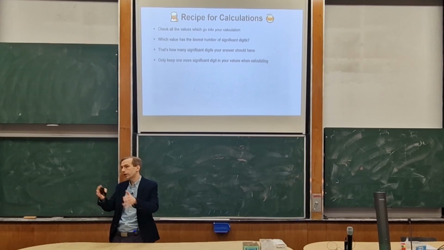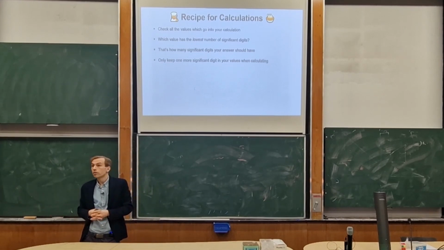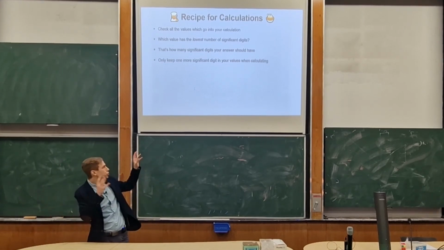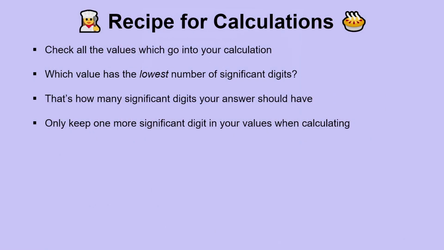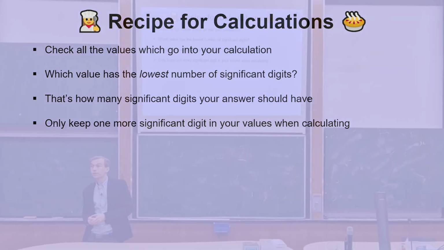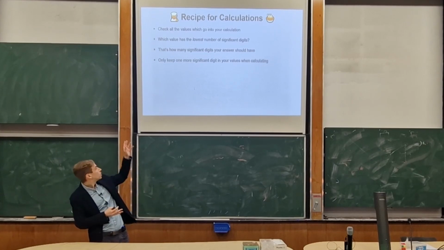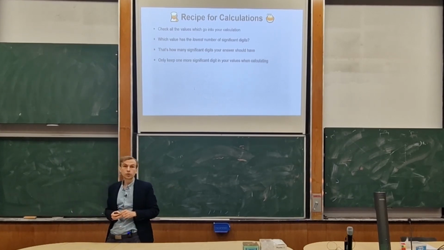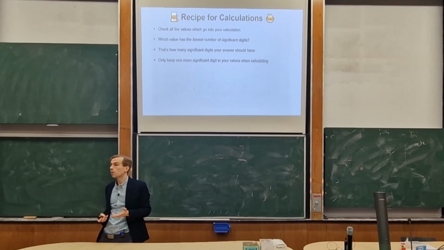But for all the calculations that we're going to be doing this semester, this year, just keep one more significant digit in your calculations. That's all you need to get your answer with the correct number of significant digits. And then when you get your final answer, round it to the number of significant digits that you worked out.